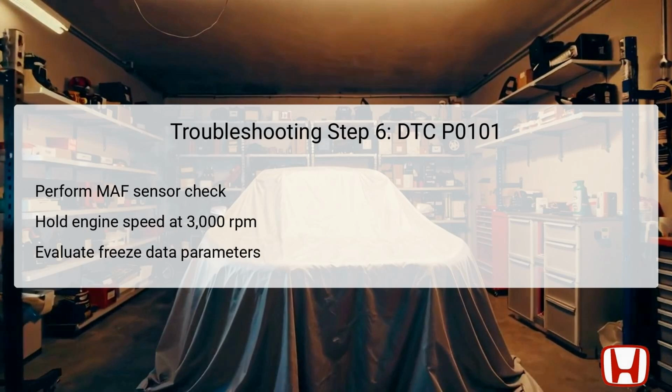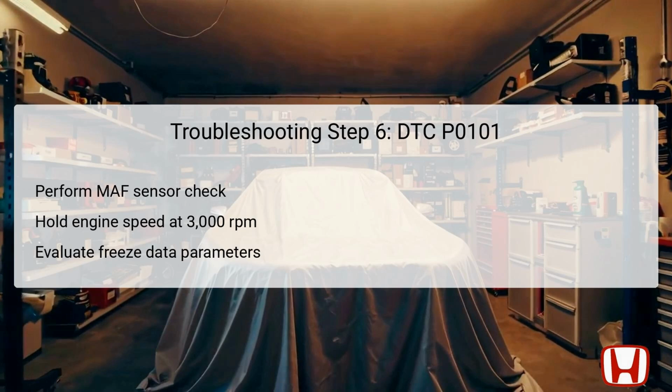The final troubleshooting step involves a thorough check of the MAF sensor's performance under specific conditions. First, hold the engine speed steady at 3,000 RPM without load, ensuring the vehicle is in the appropriate transmission mode. This simulates operational conditions where the radiator fan activates, allowing for comprehensive evaluation.